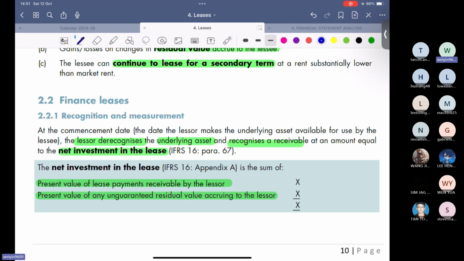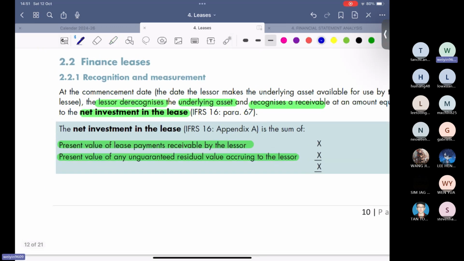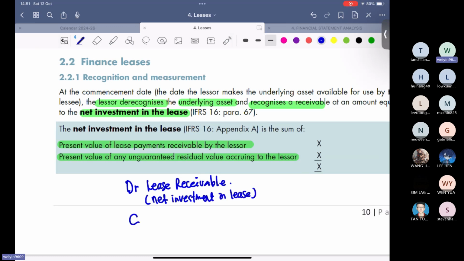So once you get this one, you get the amount, right? So you will debit lease receivable, where you use the amount of net investment in lease. Then you credit your asset. That's why we de-recognize the underlying asset.